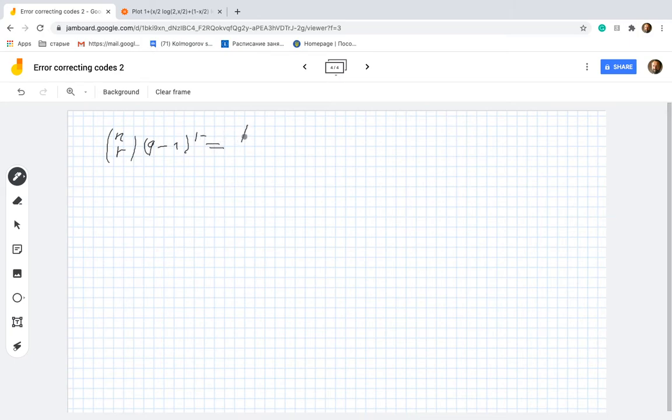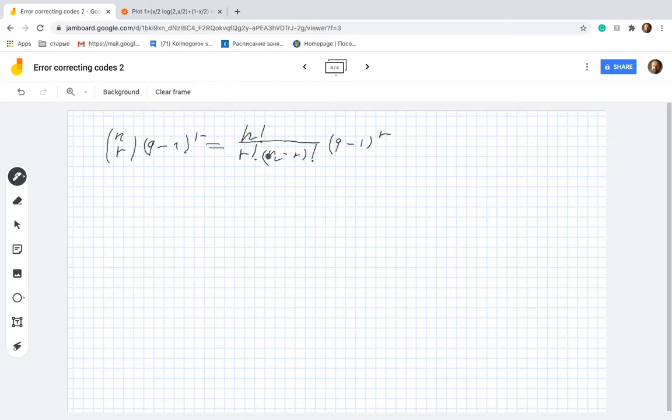It is n factorial over r factorial (n minus r) factorial times (q minus 1) to the r.